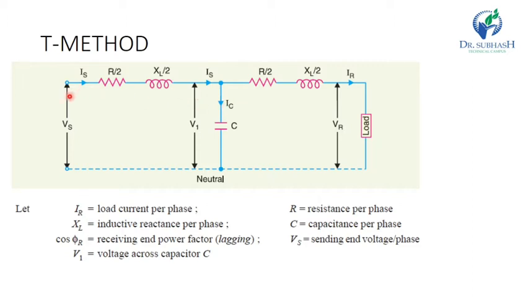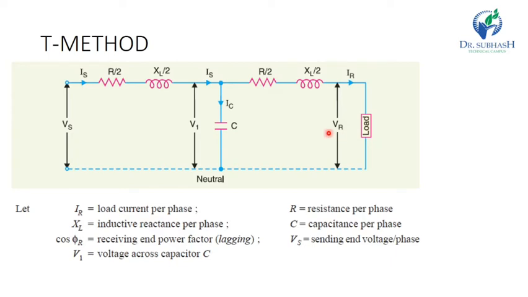Now we see the equivalent circuit. Here is the sending end voltage Vs and sending end current Is passing through the half resistance R by 2 and XL by 2. Now the Is current will be divided into two. One is the receiving end current and the second one is the capacitive current IC, which is flowing in the capacitor, and the voltage of the capacitor is V1 and the voltage at the receiving end is VR.